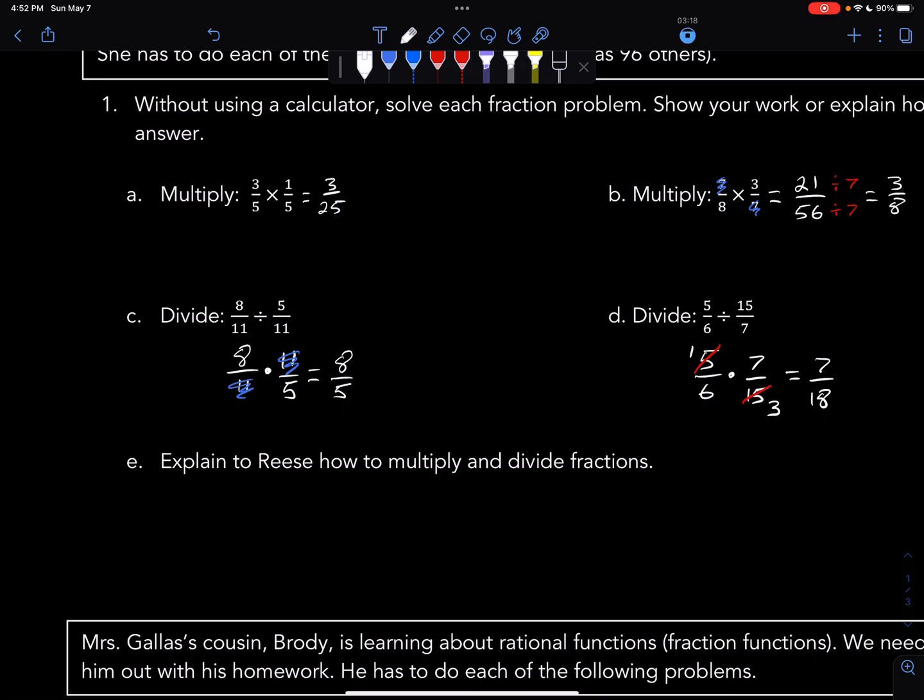So how do we multiply and divide fractions? To multiply, we just multiply straight across, top and bottom.